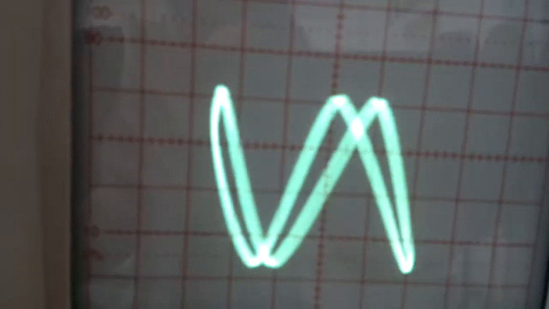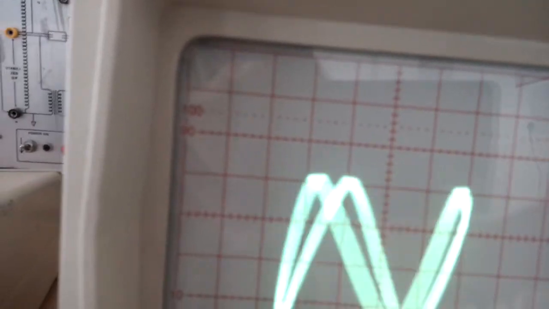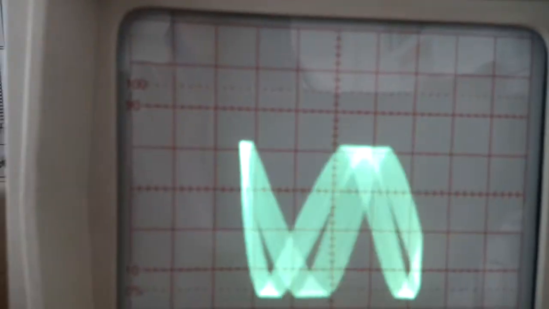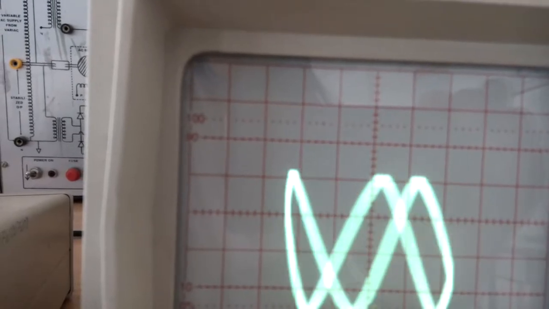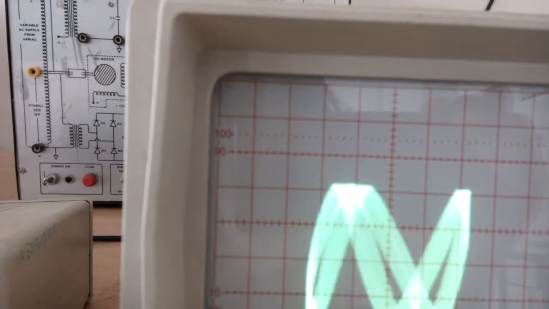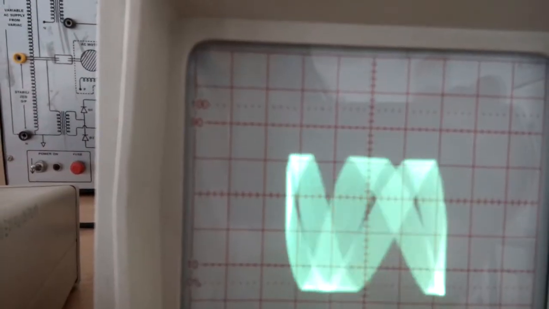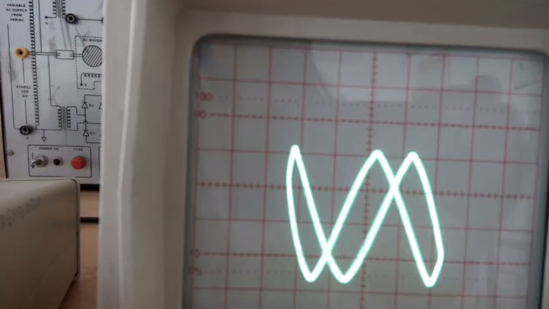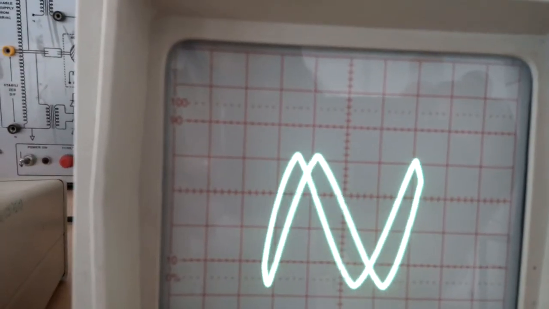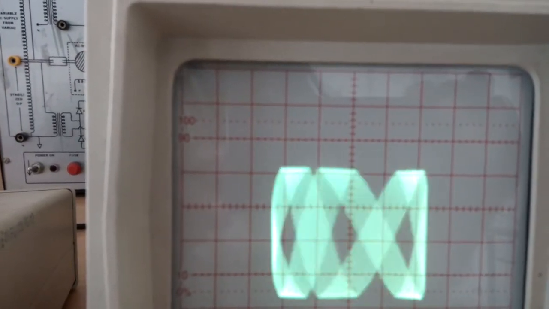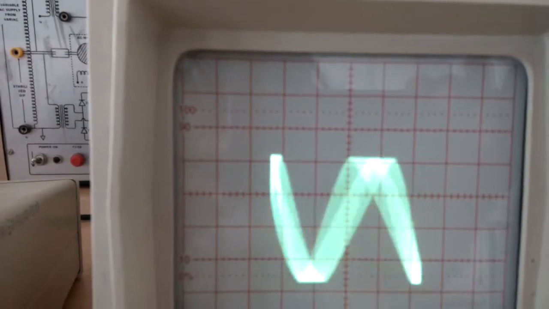So you can see now clearly that 3 horizontal loops are obtained and again vertical loop is 1.